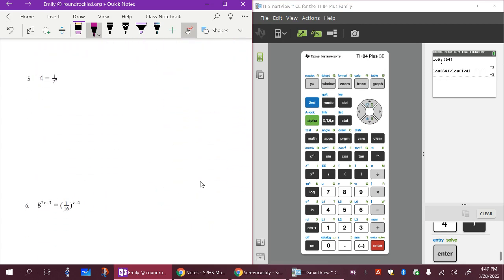Okay. Number 5 here is kind of interesting because we have our exponential part on the bottom of a fraction.